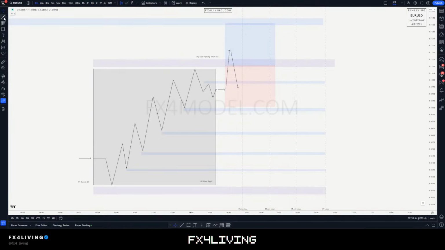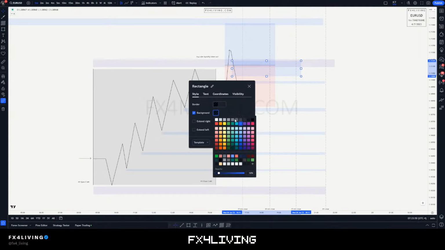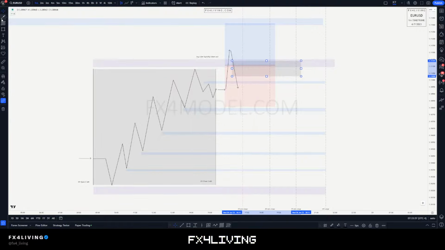What's next? This is a displacement, right? So we have a fair value gap in this displacement. This is what I want to see. So we just take those lows here, below this internal liquidity.